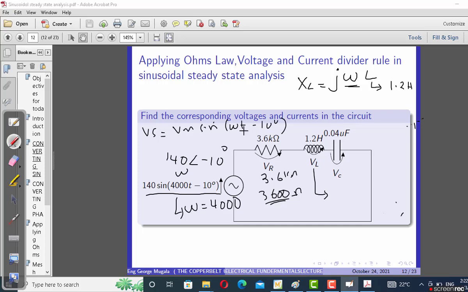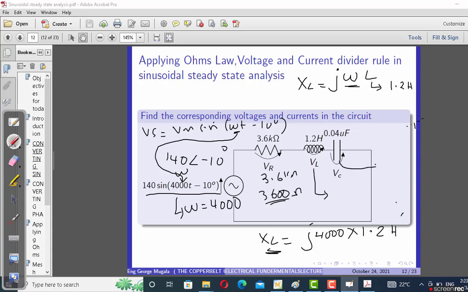So this is our omega, our 4,000. So XL shall be j omega, which is 4,000 times 1.2, and that will give us XL, the inductive reactance.